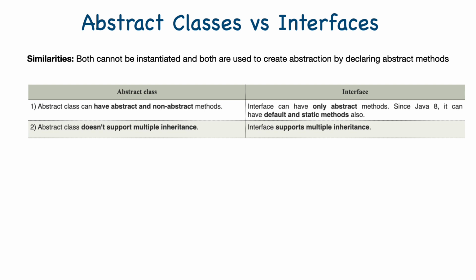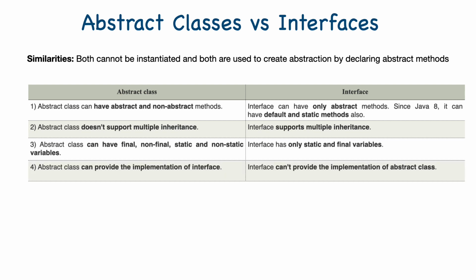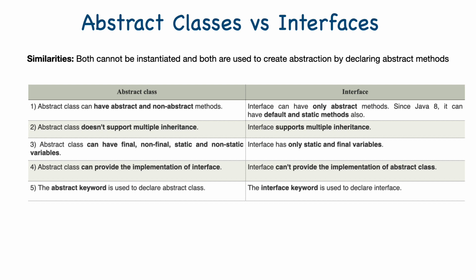Abstract classes do not allow multiple inheritance, whereas interfaces support multiple inheritance. And abstract classes can have final, non-final, static and non-static variables, whereas interfaces only have static and final variables. Abstract classes can provide implementation of interfaces, whereas interfaces cannot provide the implementation of abstract classes.